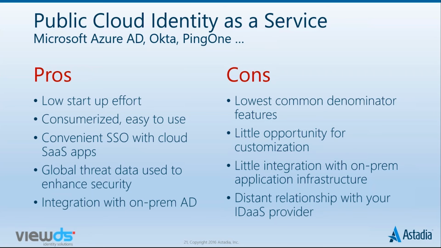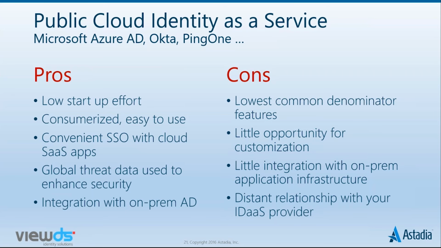The downside to public cloud identity as a service is that the feature set is pretty thin. I mean, generally speaking, you get the ability to log in, you get the ability to get single sign-on to cloud applications, you get maybe a little bit of access control capability and some self-service features like self-service password reset.